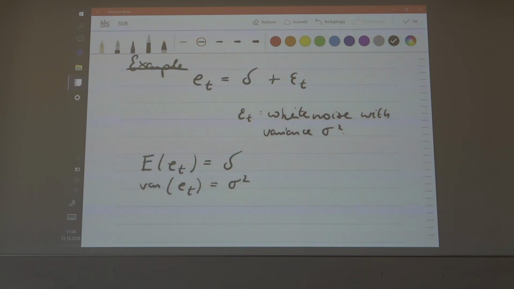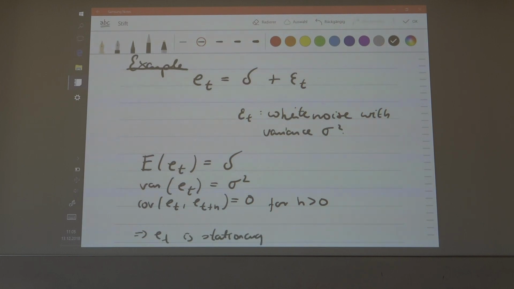So the autocovariances are going to be 0 for h being greater than 0. So the process is stationary. You understand? So this means that e_t is stationary.